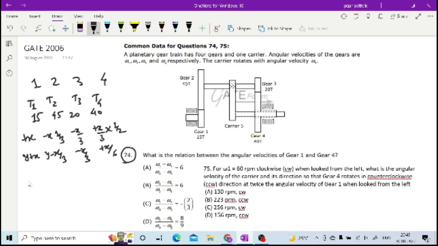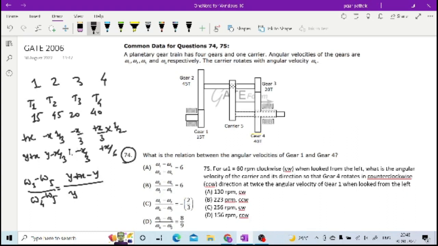So if you go for this omega 1 minus omega 5, omega 5 can be considered as your arm, for which you can consider only y. So omega 1 minus y, omega 5, omega 4 minus omega 5, that is y plus x minus y divided by this y.